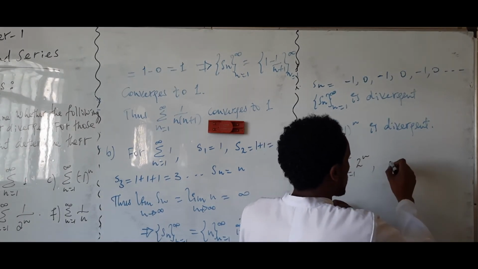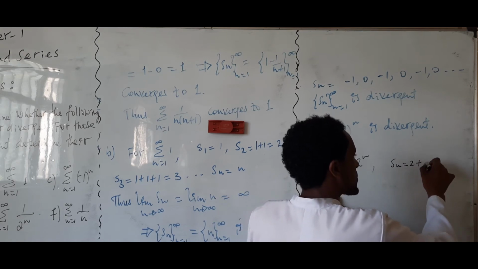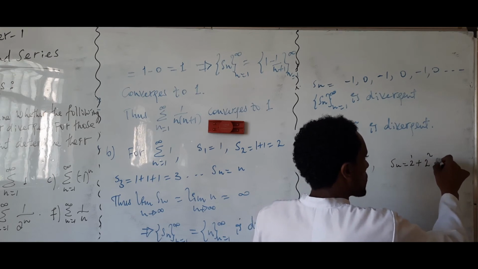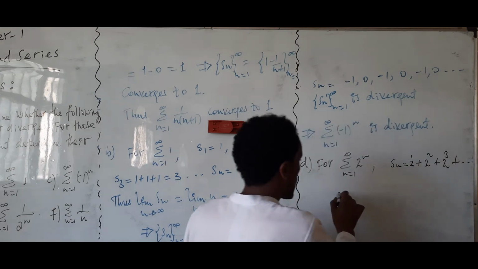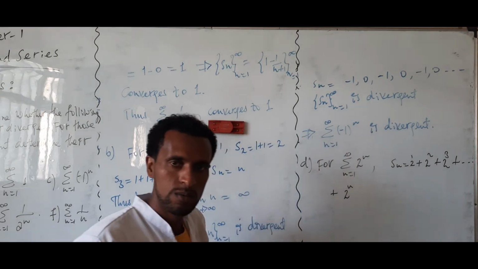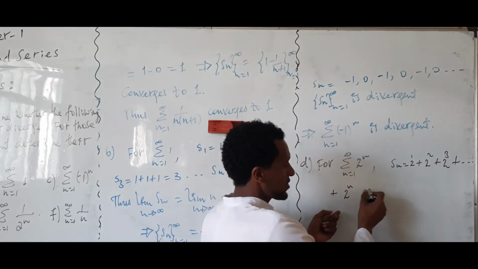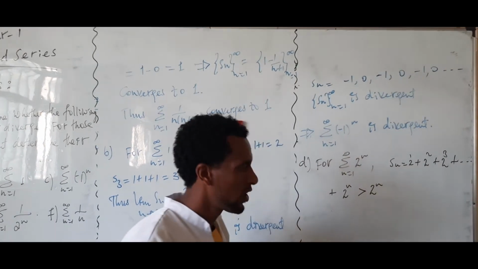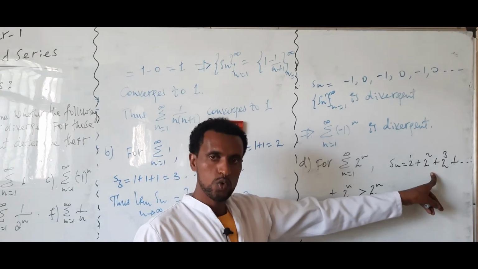For this one, Sn is equal to 2 plus 2^2 plus 2^3 plus ... plus 2^n. This term is greater than 2^n, isn't it? Sn is greater than 2^n.